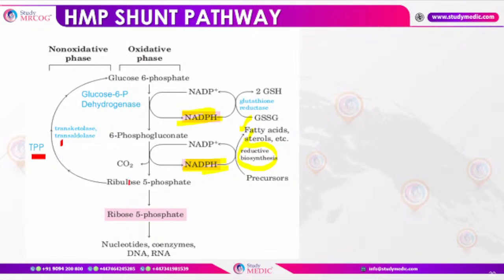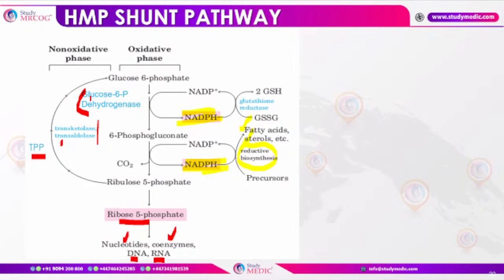It is required for conversion of ribulose to glucose 6-phosphate. So these are the important enzymes of the HMP pathway: glucose 6-phosphate dehydrogenase, and then the ketolase and the aldolase. Continuing with ribose 5-phosphate, where does it help? Nucleotide formation, coenzyme formation, the structural nucleic acids, and RNA formation.